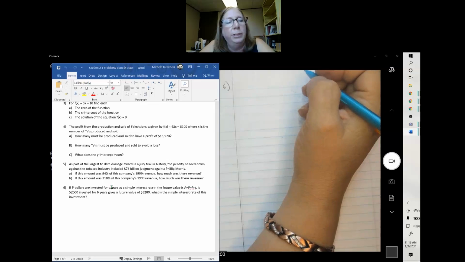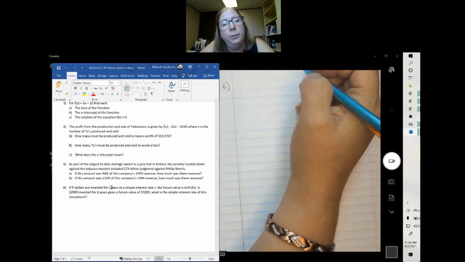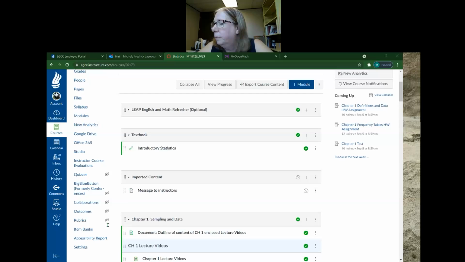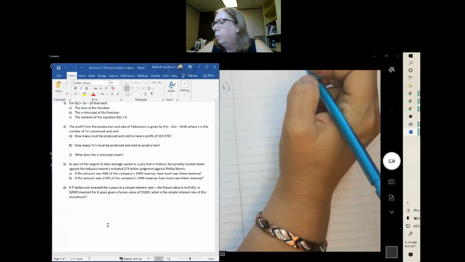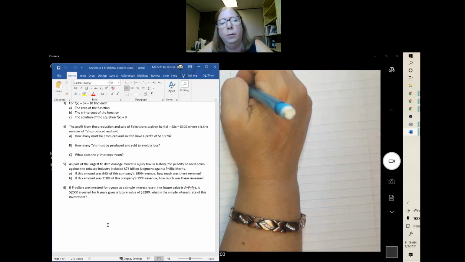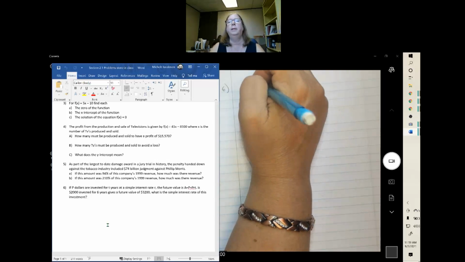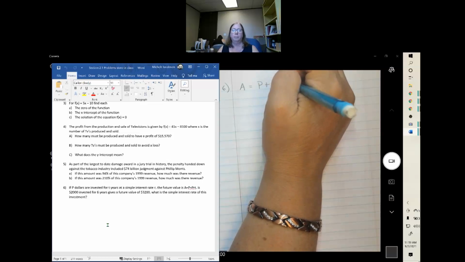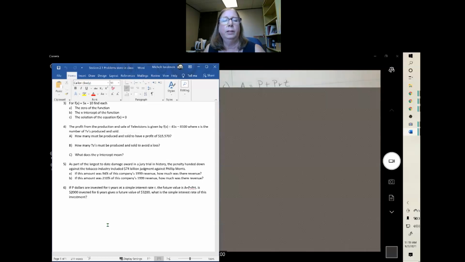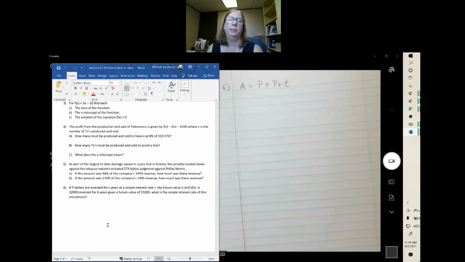Okay, number 6. If P dollars are invested for T years at a simple interest rate R, the future value is A equals, this is also a whole other chapter on its own. But in this case, they're just having you plug into equations and solve.